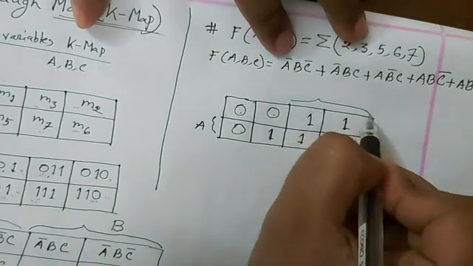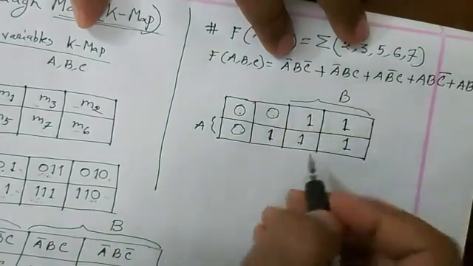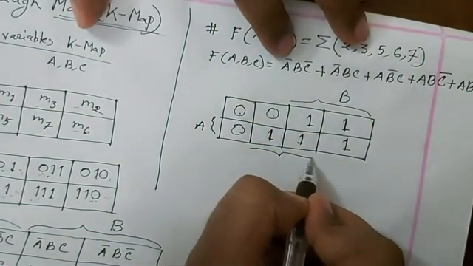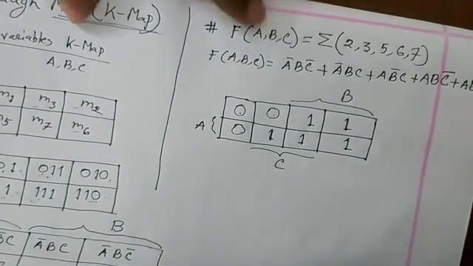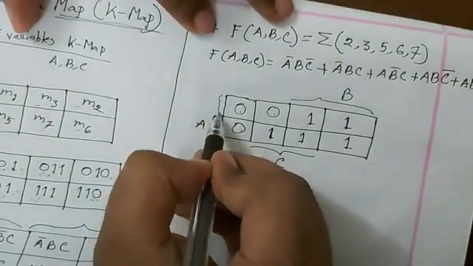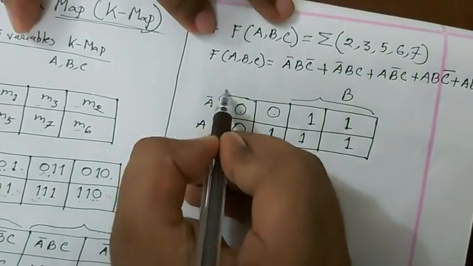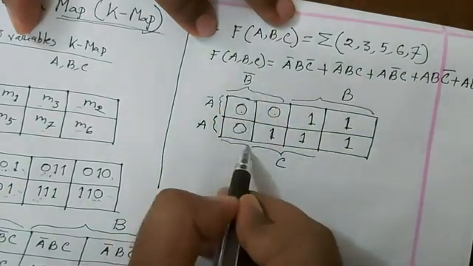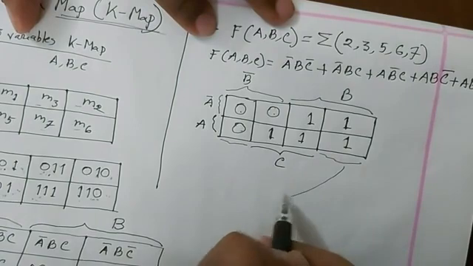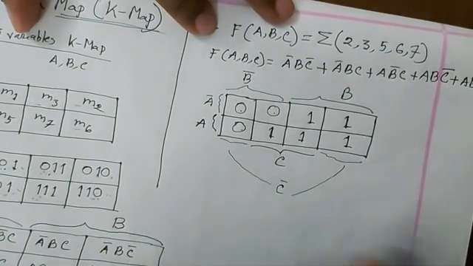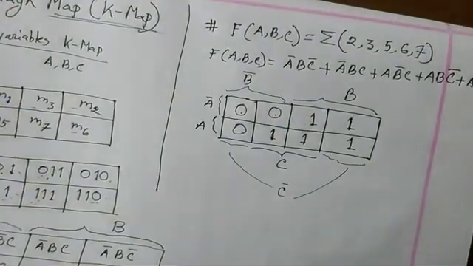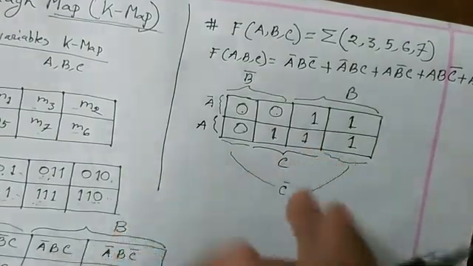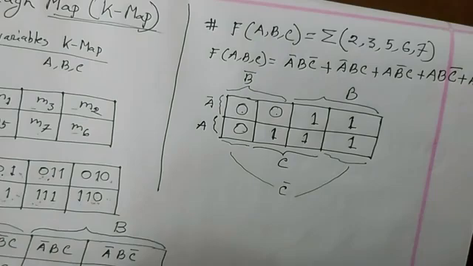These last two columns were B, so we write B, and the middle two columns were C, so we write C. Obviously this part would be for A prime, this part would be for B prime, and these two parts were for C prime, right? Now we got the min terms according to our function.